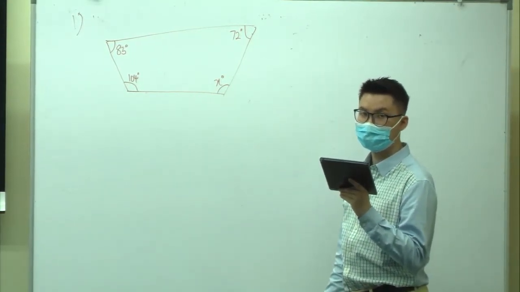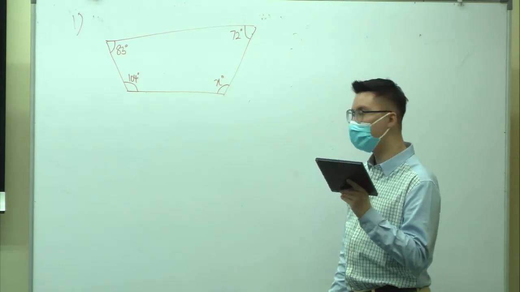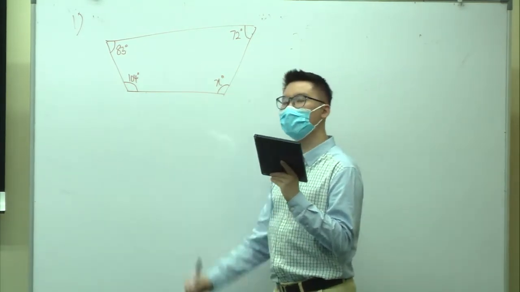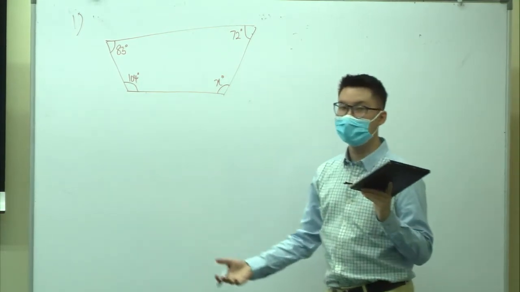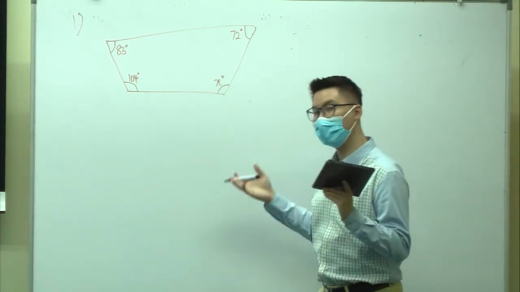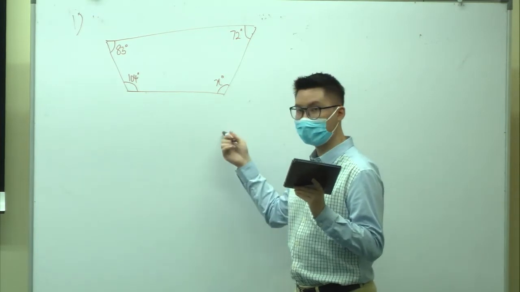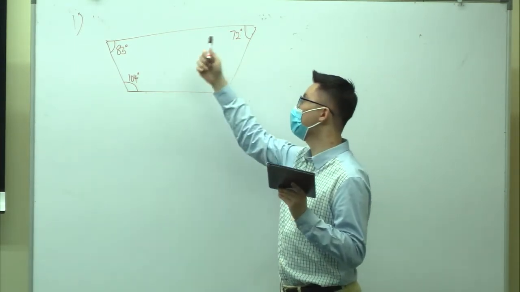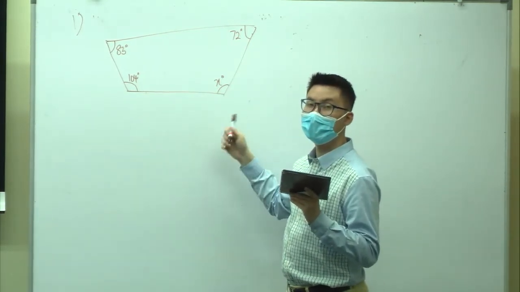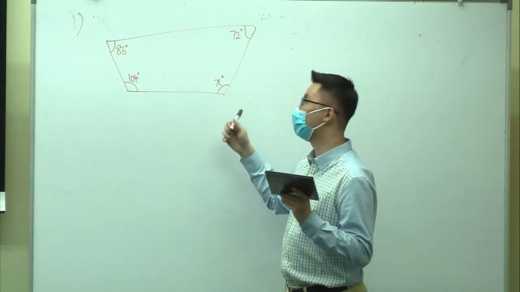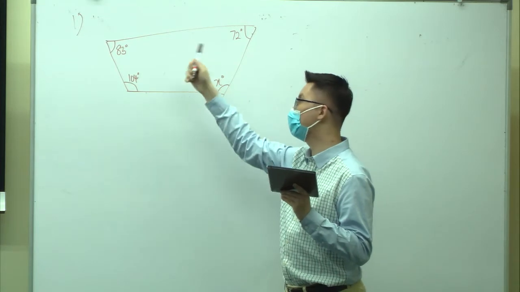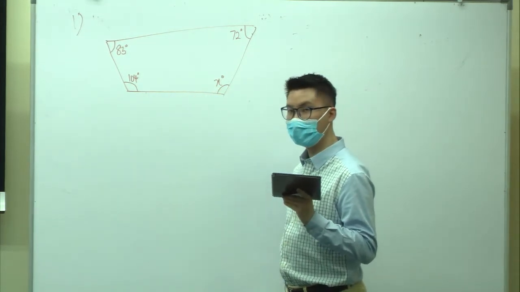You know that the total interior angle of this quadrilateral will be 360, just like the total interior angle of a rectangle and a square. As long as we have a polygon that has 4 sides, the total interior angle will be 360.